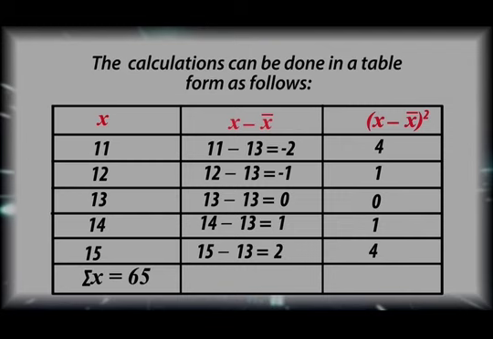From the table, you can see sigma x. The sigma stands for the sum. So the sum of all our x's is 65. Again, you can see sigma and then in brackets x minus x bar, all squared. That is the sum of all the squares of our values, and that is equal to 10.